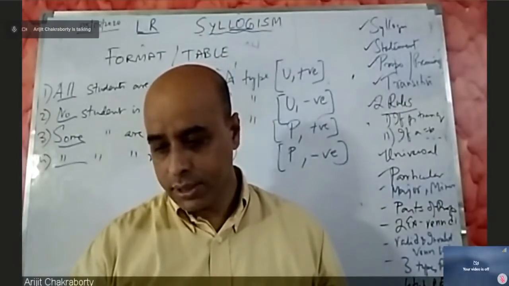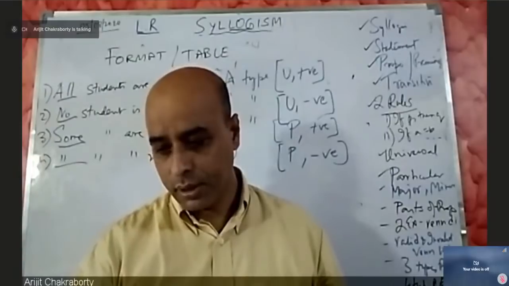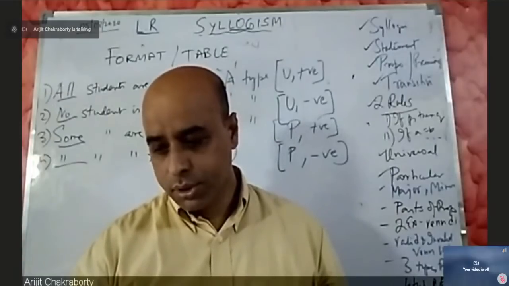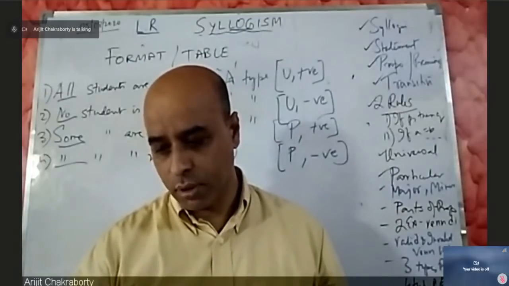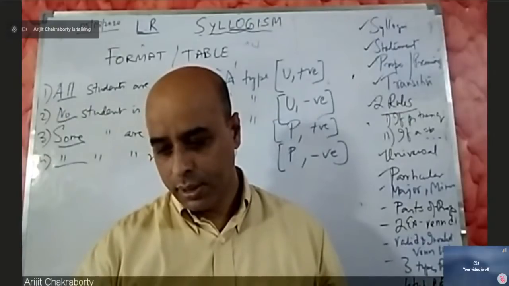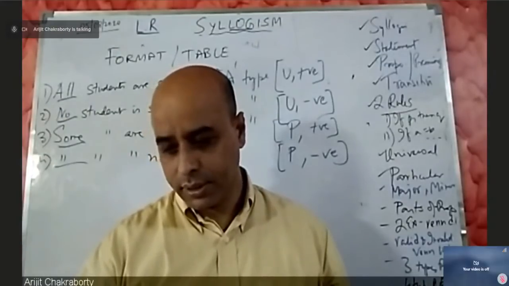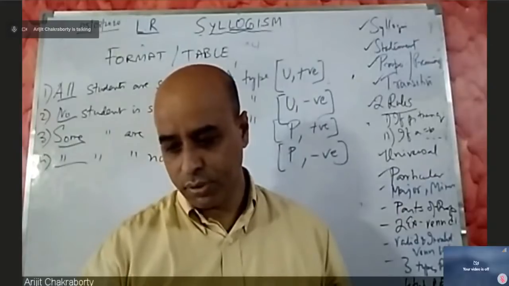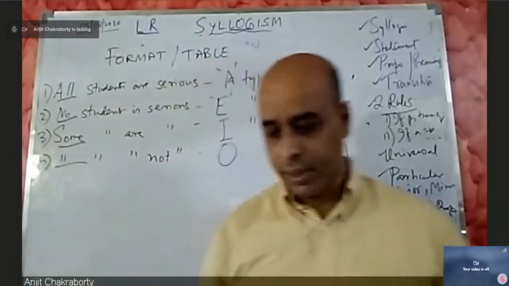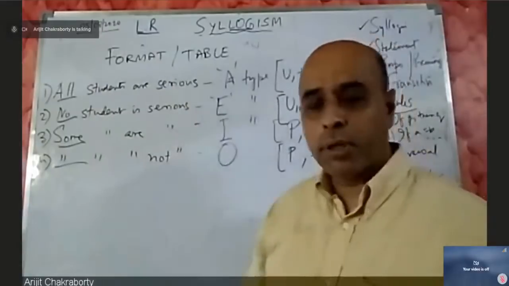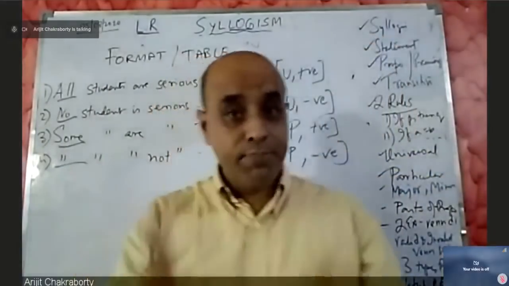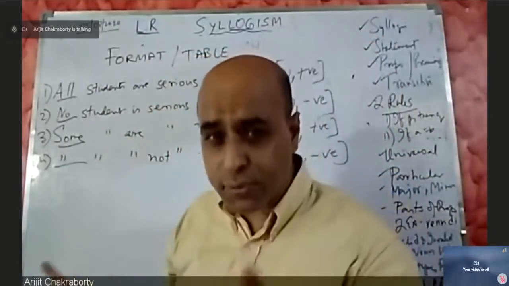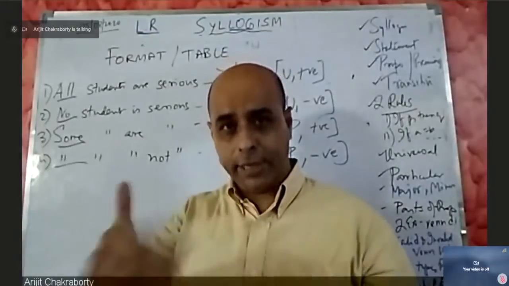Okay, now let us go into the rules of propositions, very important. Before that, of course, we'll go into inference. So this is important, A, E, I and O. Please keep a note of it because I'll come back to it after 5 minutes and we will take it further.